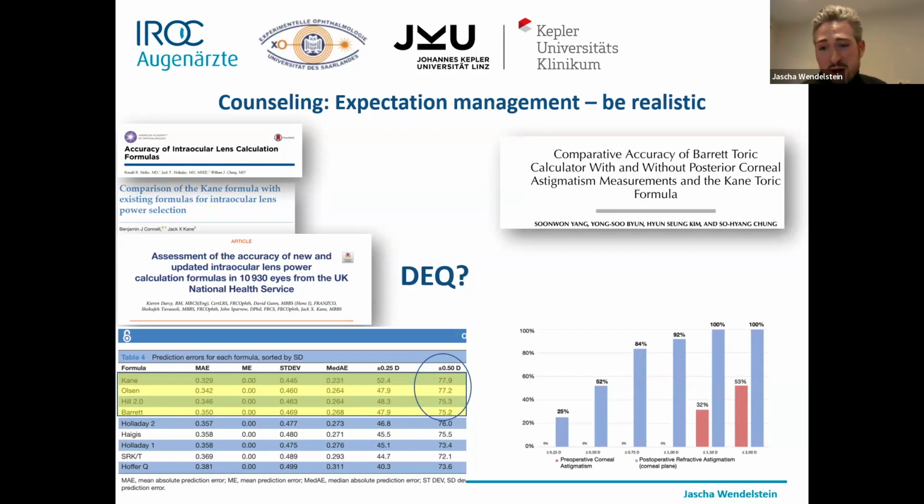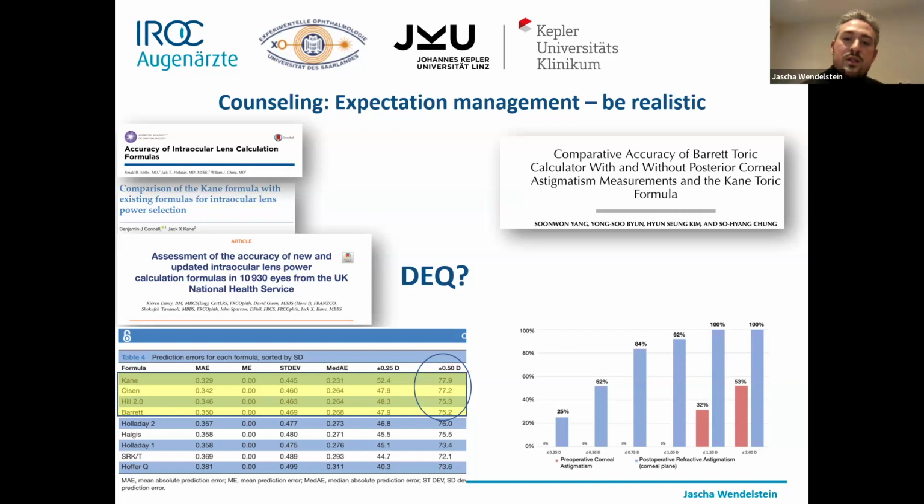The best would be combining those into something like the defocus equivalent. Unfortunately, there's not much to find about the defocus equivalent in those studies, but be aware that your chance to make those patients happy is somewhere between 50 and 80%. In other eyes, you may have more than half a diopter of defocus or astigmatism left.